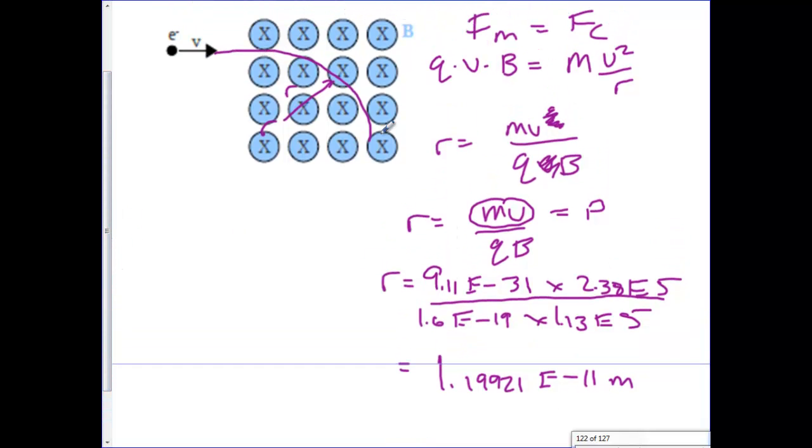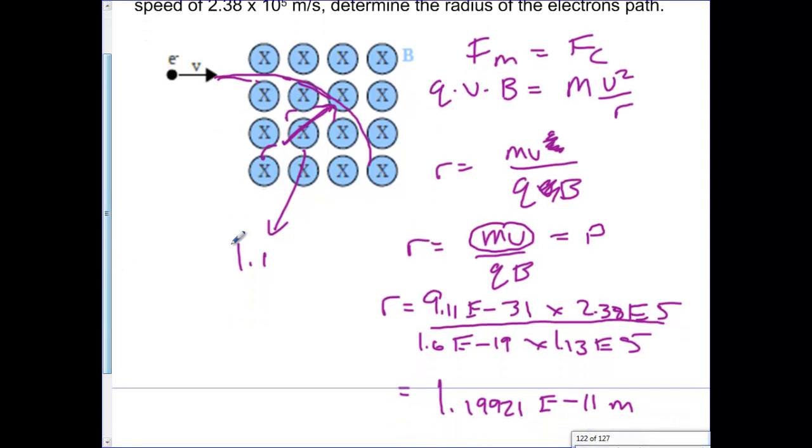So what this implies then is that this guy right here, it's not going to form a really full circle or anything like that, right? But what's happening is it's getting deflected in a circular path, and the radius of that circular path is 1.20 times 10 to the minus 11 meters.